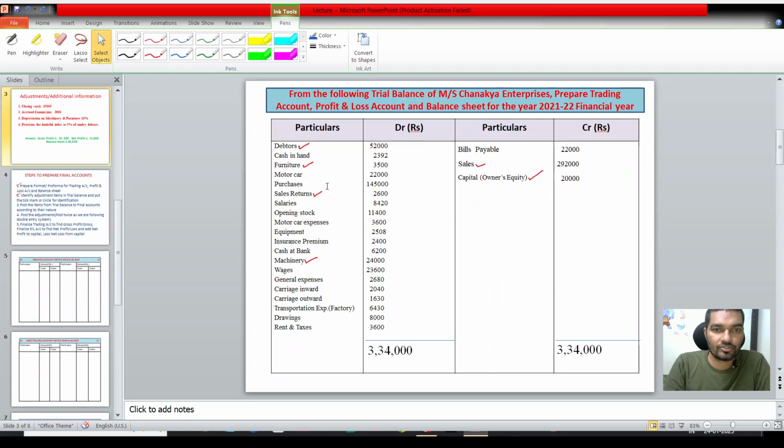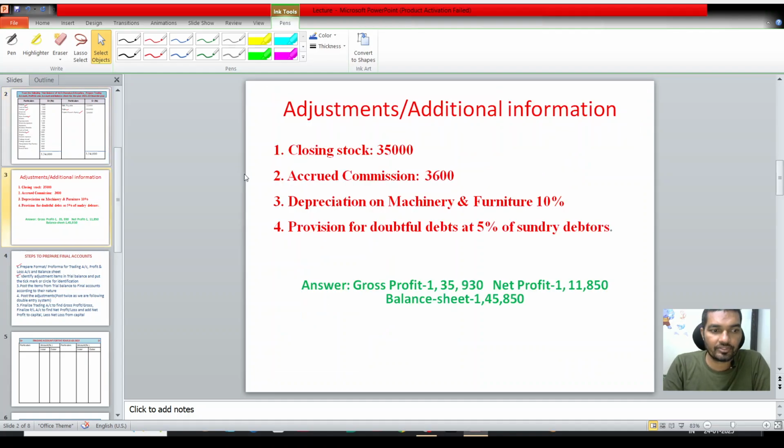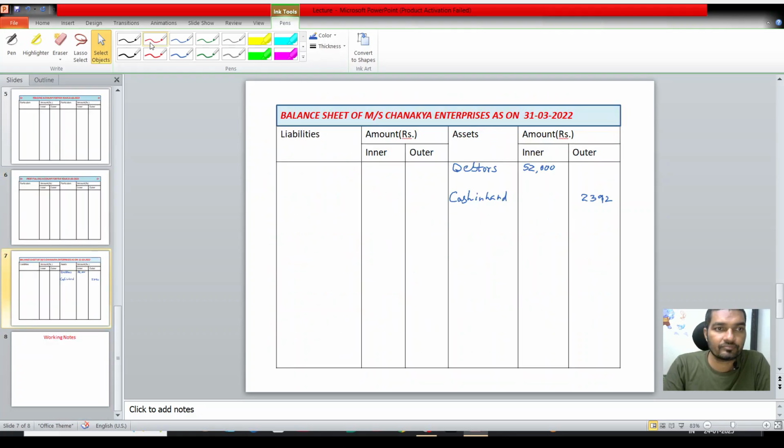So moving to next one, furniture. Furniture is a fixed asset, there is an adjustment for asset furniture. Furniture 3,500, adjustment is given against furniture. We need to do adjustment later stage.